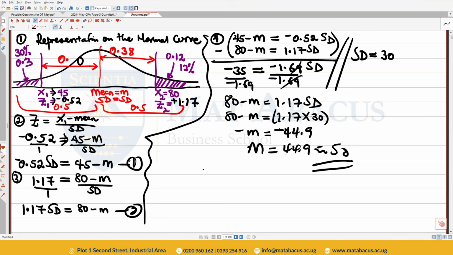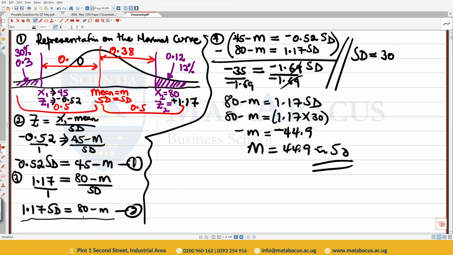When you read from the normal distribution curve, you get 1.17 is equal to 80 minus M. So that means 80 is equal to 1.17 standard deviation plus M; when you transfer this 80 to the other side, it becomes 1.17 standard deviation is equal to 80 minus M. I hope you've got how this equation comes into place.